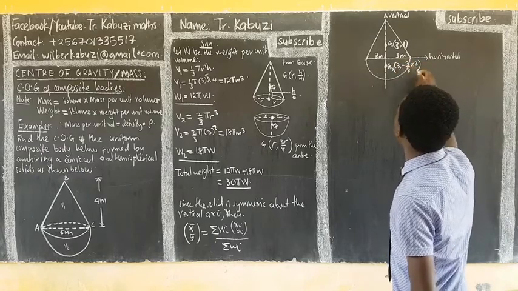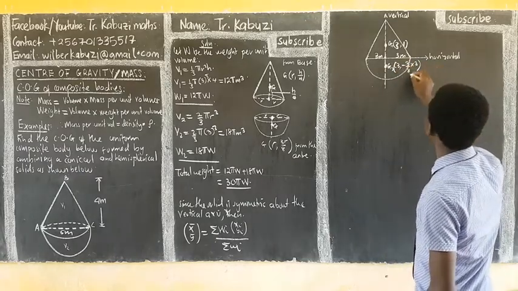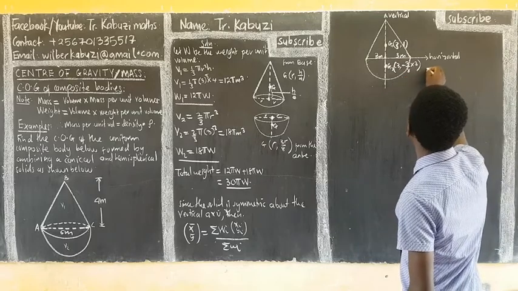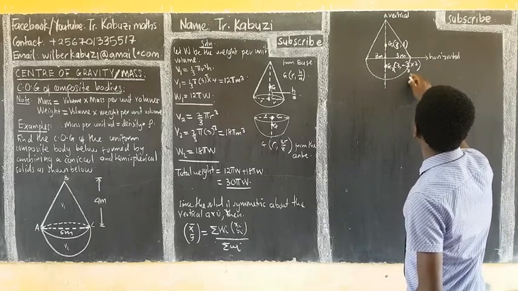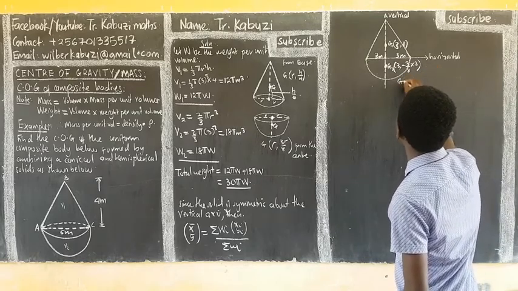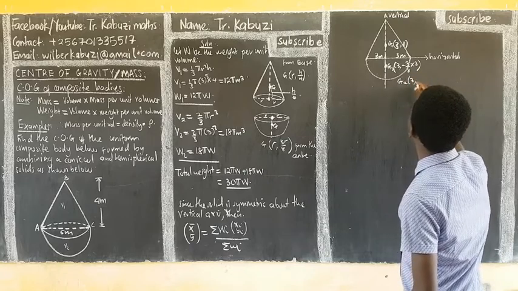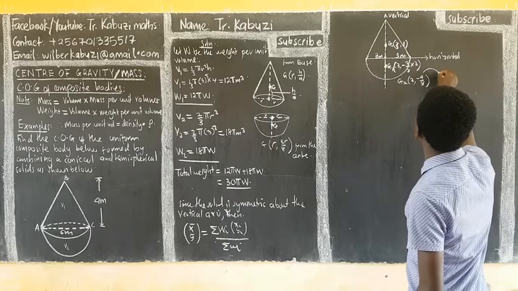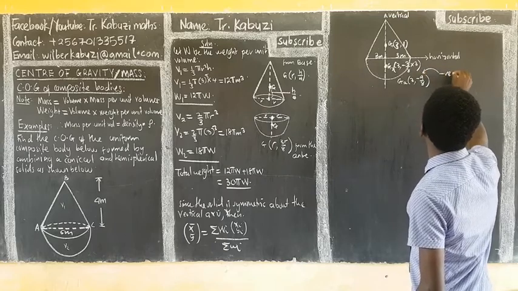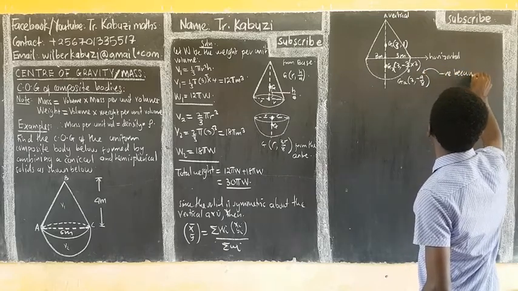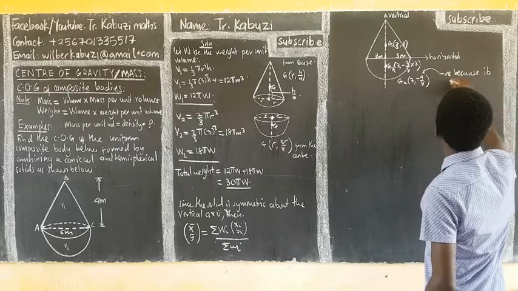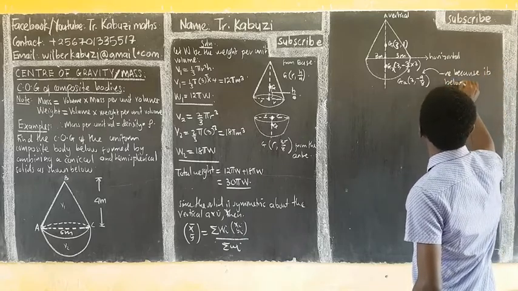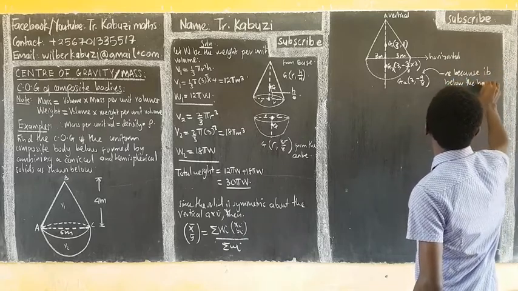So our coordinate here is going to be 3, comma, then negative 9 over 8. Negative because it's below the horizontal axis.